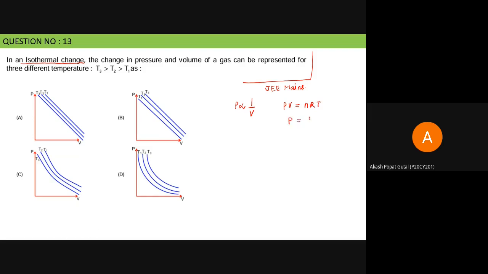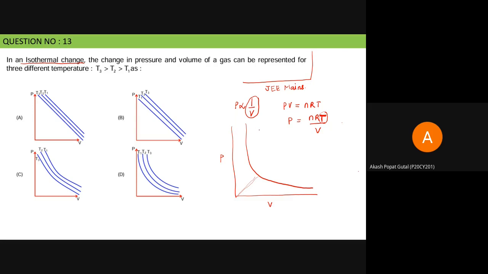P is nRT by V. So here is the T. So if you know the graph of P versus V, the function is 1 by V. How 1 by V varies is like this. Fine. And this T determines its position, how far away it is from the origin.